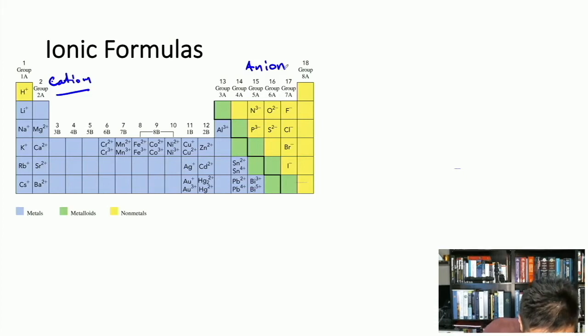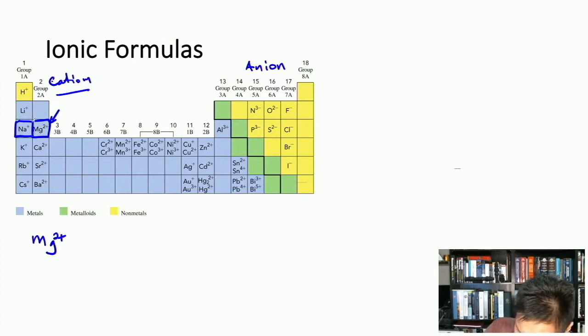So let's do a quick example here. For example, we can do magnesium, Mg, right? Mg is here in group 2. And since it's in group 2, it's got a +2 charge. Over there, we were just talking about sodium in the previous slide.